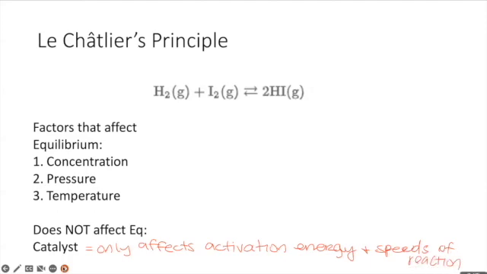So you might be wondering, if concentration, pressure, and temperature affect equilibrium, how do they affect it? My rule of thumb is that an increase in concentration will push away, and this will make sense here in a second, and a decrease in concentration will push towards.